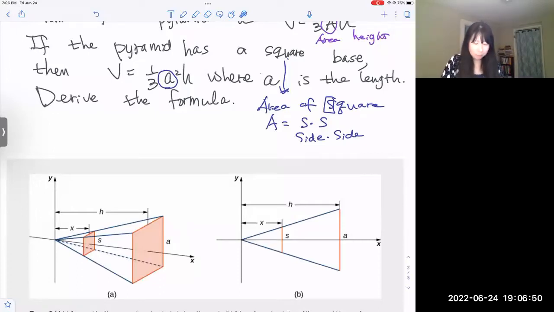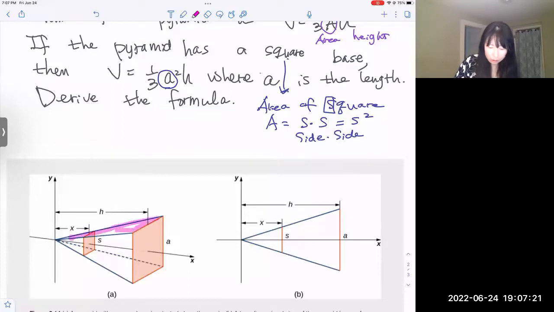Now look, since the area equals S times S, which is S squared, right? Look, can you see that? This triangle, the right side of a triangle, they get from the side, this part. Can you realize that? So S is there, S from there, right?